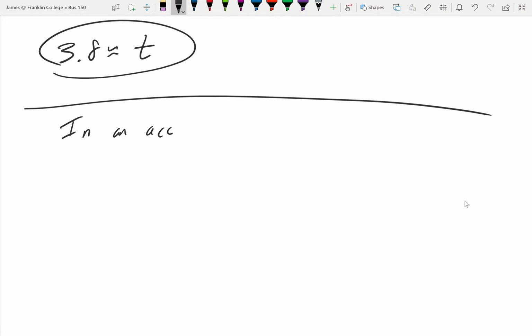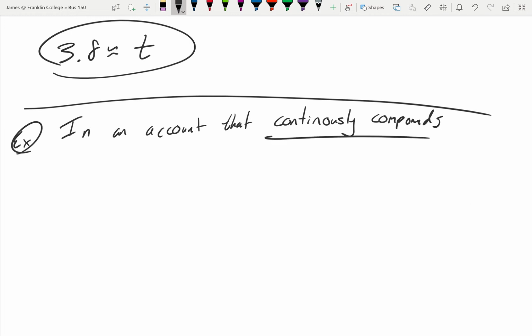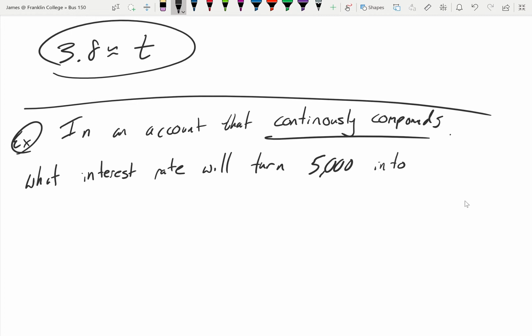So this is another example: in an account that continuously compounds, what interest rate will turn $5,000 into $7,000 in 4 years? That might be a question we might be interested in.